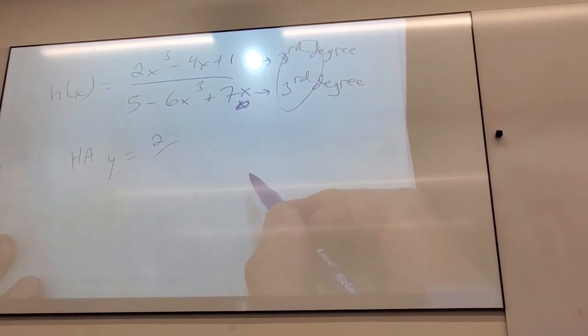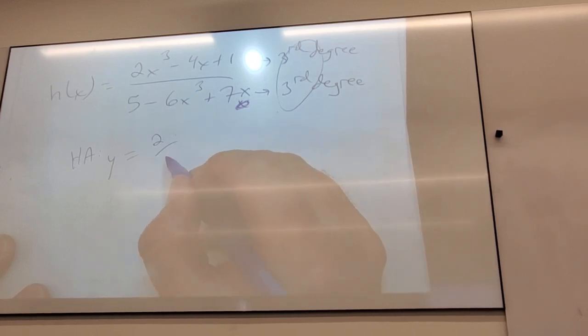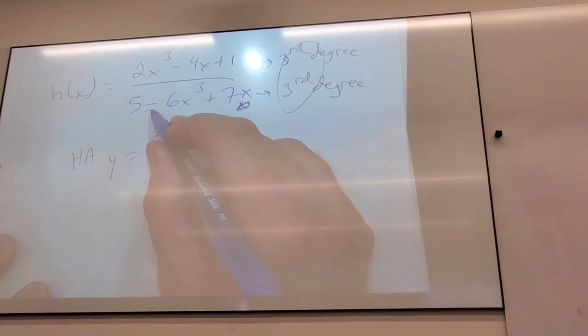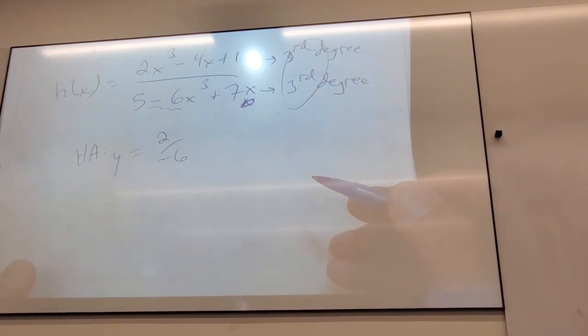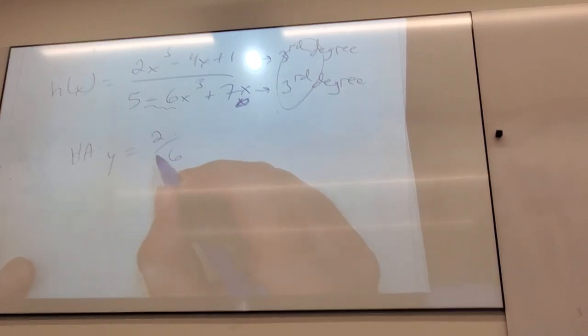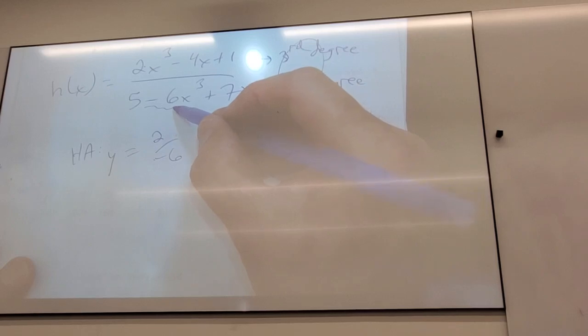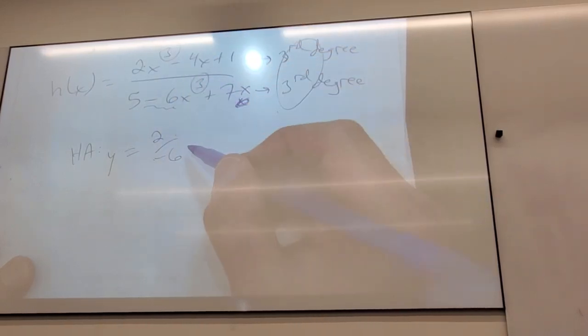And what's the coefficient of the largest degree on the bottom? 5 minus 6, no, it's -6. The number in front of the x cubed is -6, correct? Got it. So the horizontal asymptote will just be the leading coefficient on the top divided by the leading coefficient on the bottom. What's the only time that happens? When the degrees are the same.